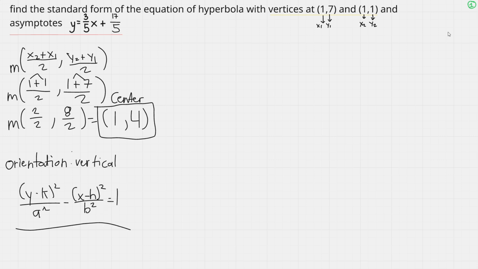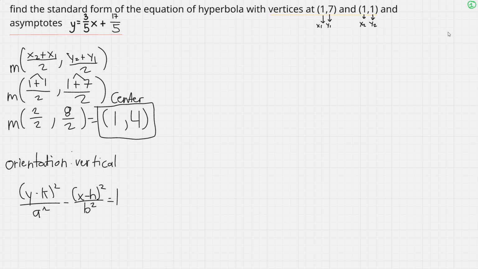We will use this to get our standard equation. So, we are given the center. Therefore, we already have h and k. Do we have a and b? We still have no a and b, therefore we need to get a and b to complete our standard form.